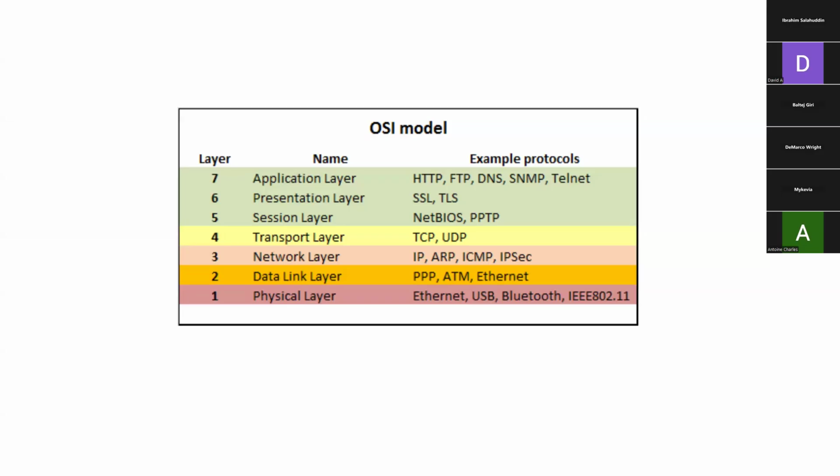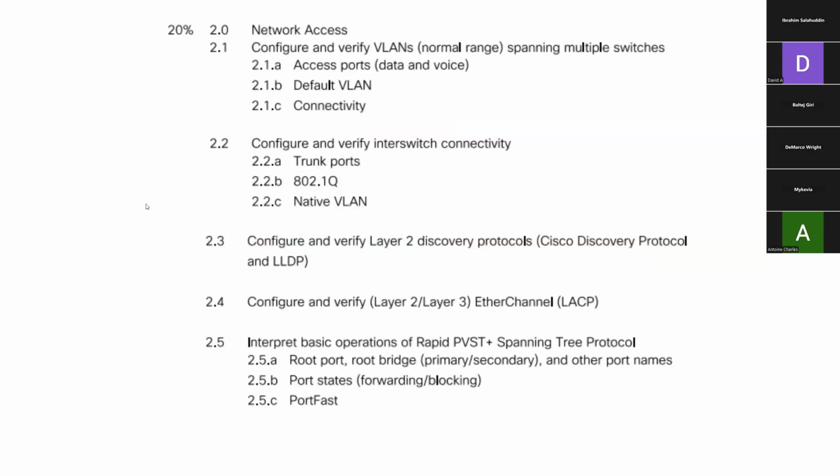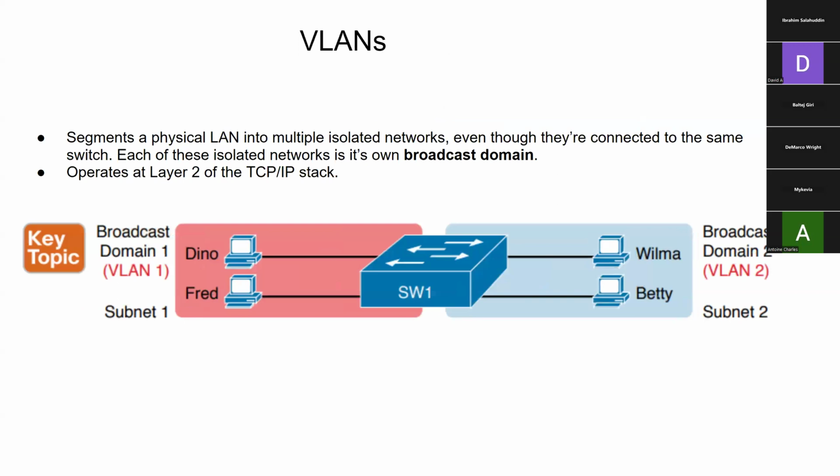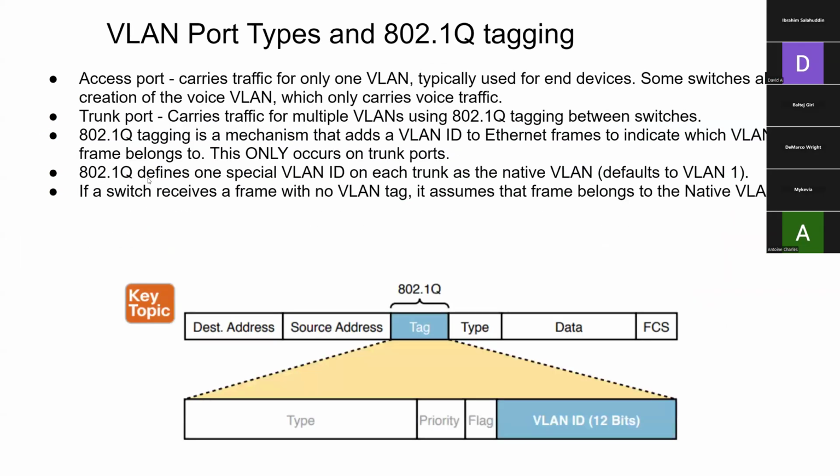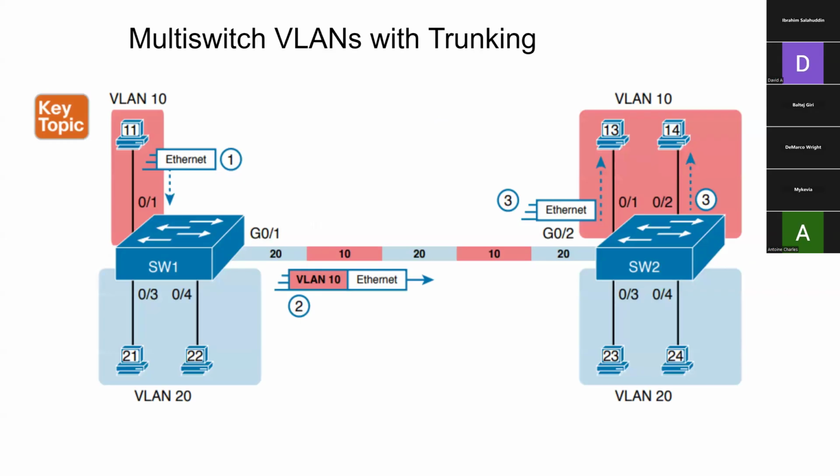I just have a question going back to VLANs. Can you guys hear me? Yeah, we can hear you. I just want to reinforce how VLANs interact with each other on different switches. Let's say a PC in VLAN 10 on switch 1 sends out a broadcast, and switch 1 has a trunk link to switch 2, which also has VLAN 10.